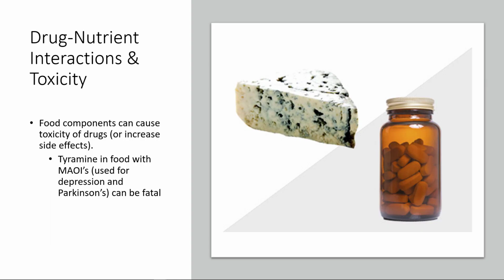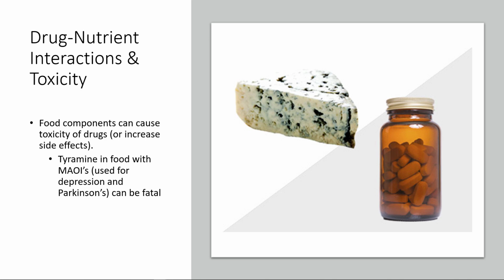These are specific drug-nutrient interactions with toxicity. What happens in this case is that some component within the food increases the action or side effects of a medication. One that was very common back in the day was with MAOs being used. MAOs are still used from time to time, but they're not nearly as popular anymore.